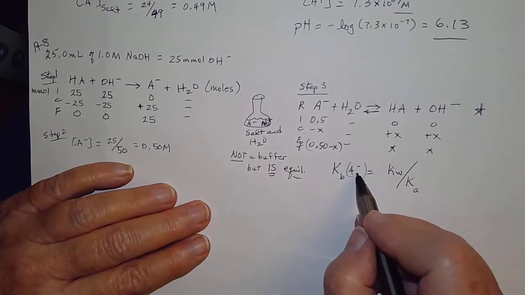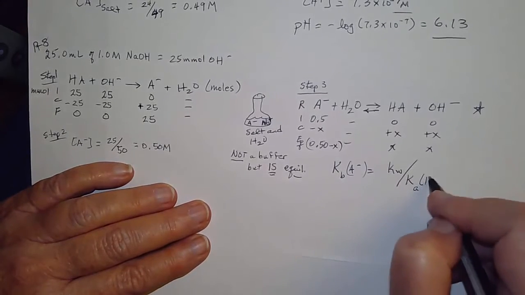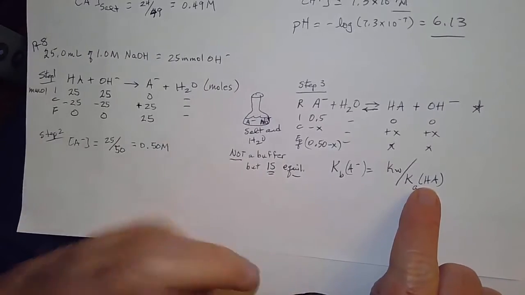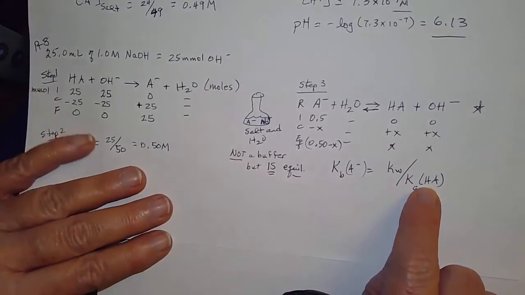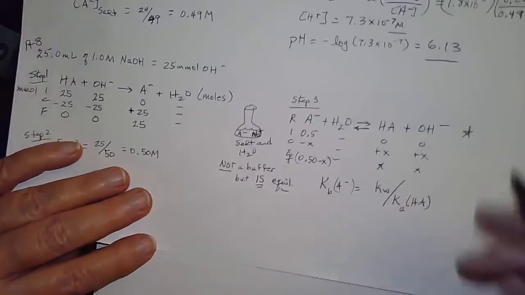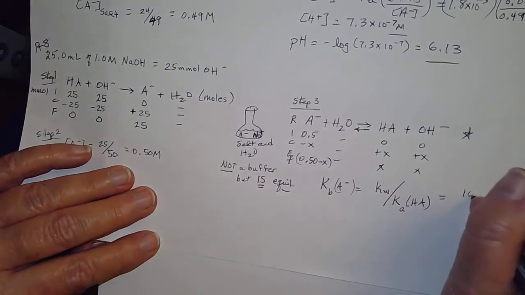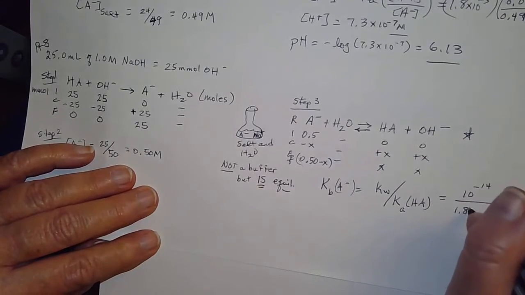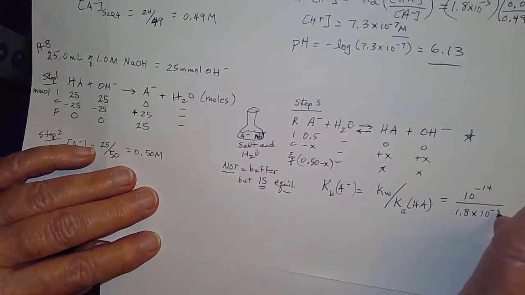Now what's the conjugate of A minus? HA. So it's this number you're going to go look up in the table. We already know what it is. If we're looking with acetic acid, this is acetic acid, that's acetate. And so that's just going to be 10 to the minus 14 over 1.8 times 10 to the minus 5.